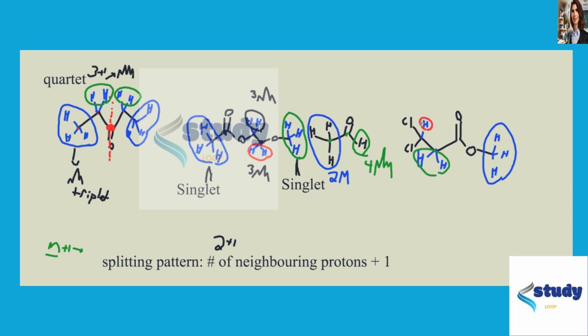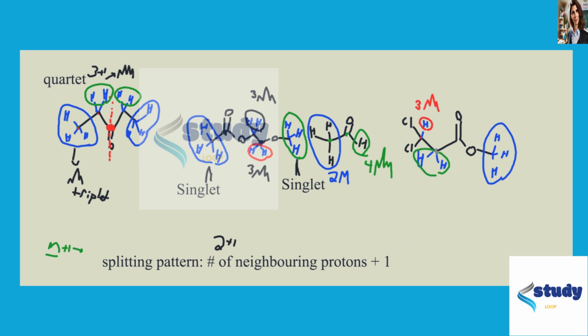So now let's investigate the splitting pattern of this single proton up here. This single proton is bound to a central carbon that's neighboring this carbon here that has 2 protons bound to it. So we have 2 neighboring protons, so 2 plus 1 equals 3. So this single red proton would be represented as a triplet in our NMR spectra.